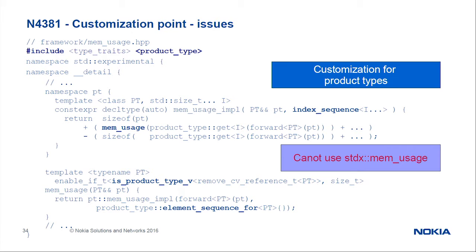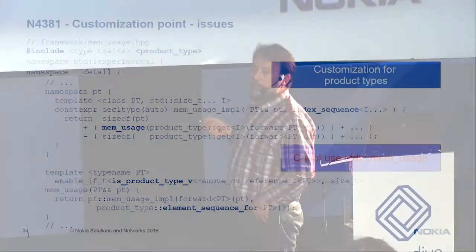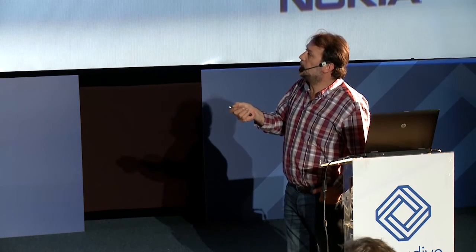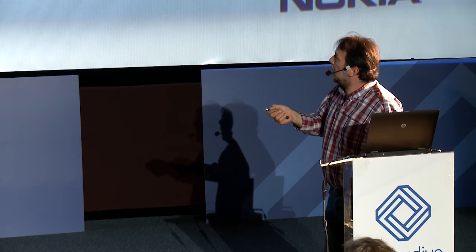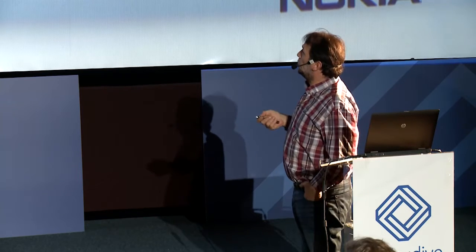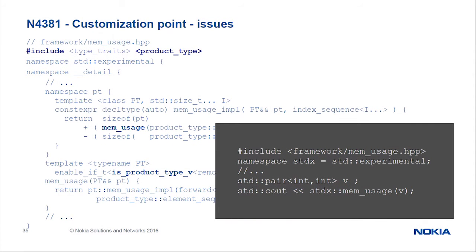It's the type of implementation. What is important here, again, is that we cannot use stdx mem usage. The overload is here, and I need this helper in order to have all the indexes, in order to have this pack expansion or fold expression in this case. We are using here a fold expression of C++17 in order to have this expanded addition. We are accumulating, okay? This works well for a product type such as pair, no problem.